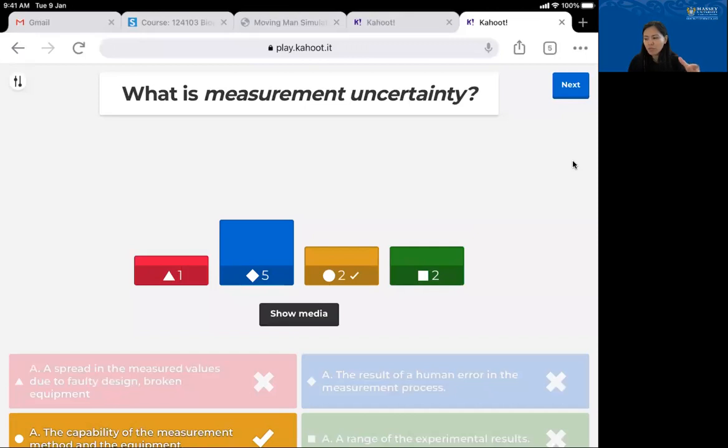Broken equipment will give you a wrong measurement. And the last choice, a range of the experimental results, is essentially similar to A. Range means spread. So really uncertainty is the capability of the measurement method and the equipment.